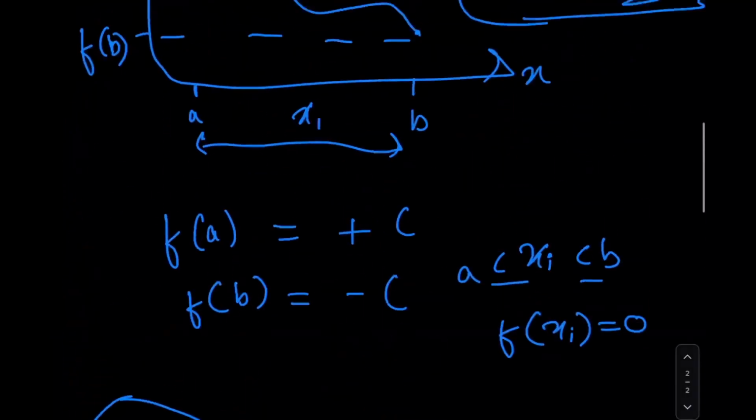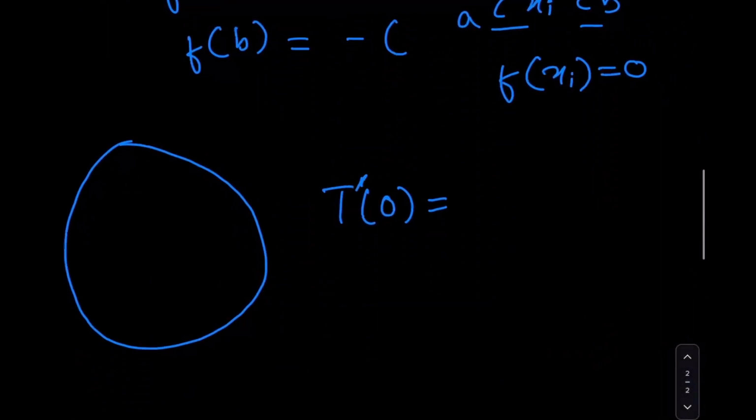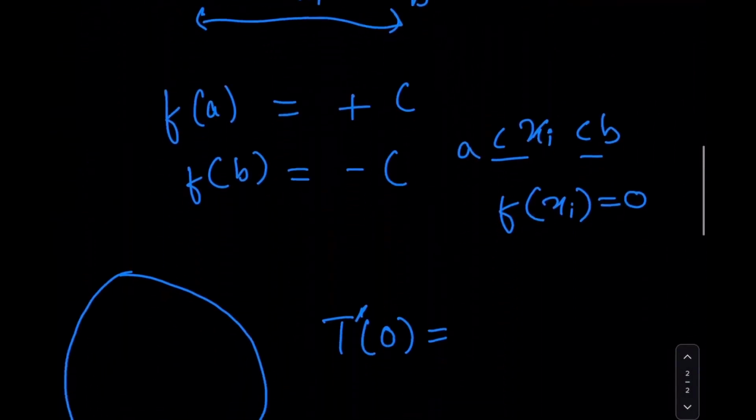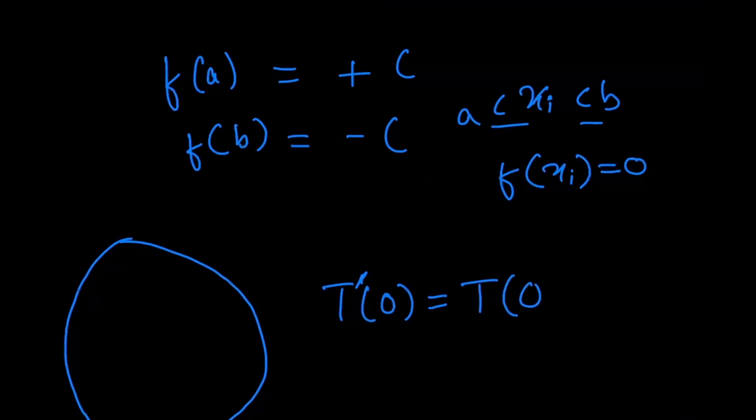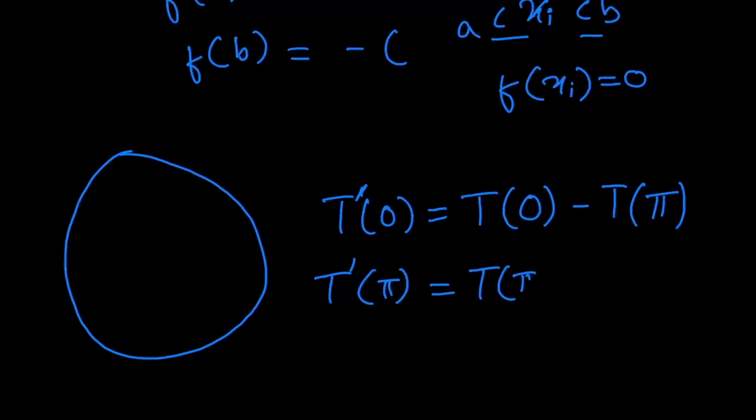Now coming back to our T function, for any cross section, T prime of 0 would be the initial T of 0 minus T of pi. And what would be T prime of pi? T prime of pi would be T of pi minus T of 2 pi.